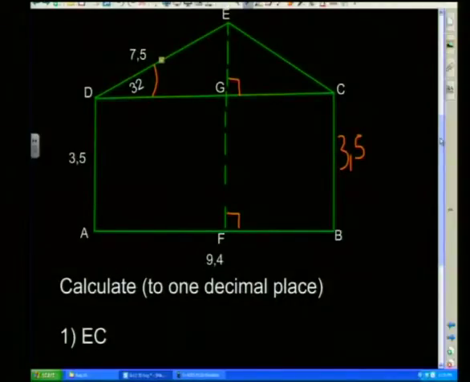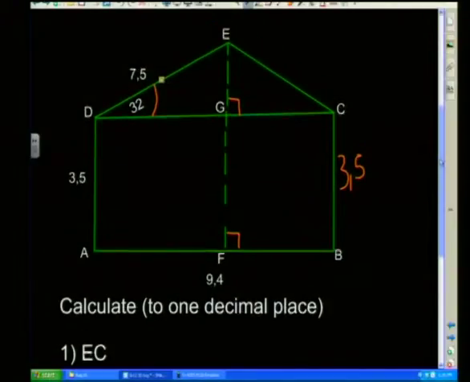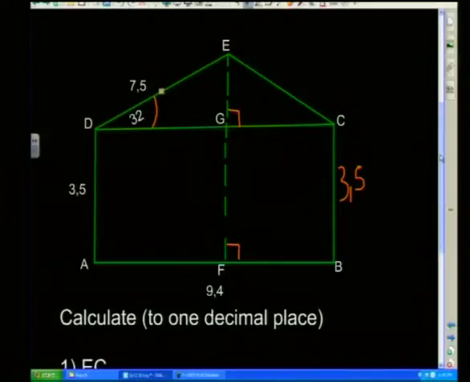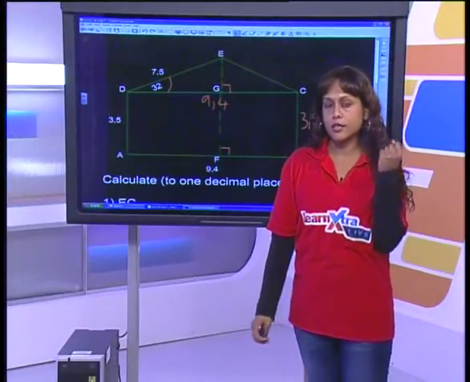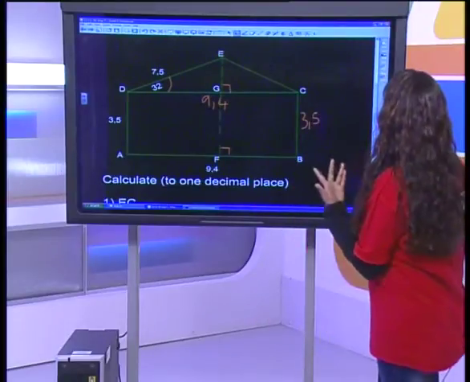And if side AB is 9,4 meters, then side DC is also 9,4 meters. That's important because those little concepts will help us in questions later on. So we mark down what we can.